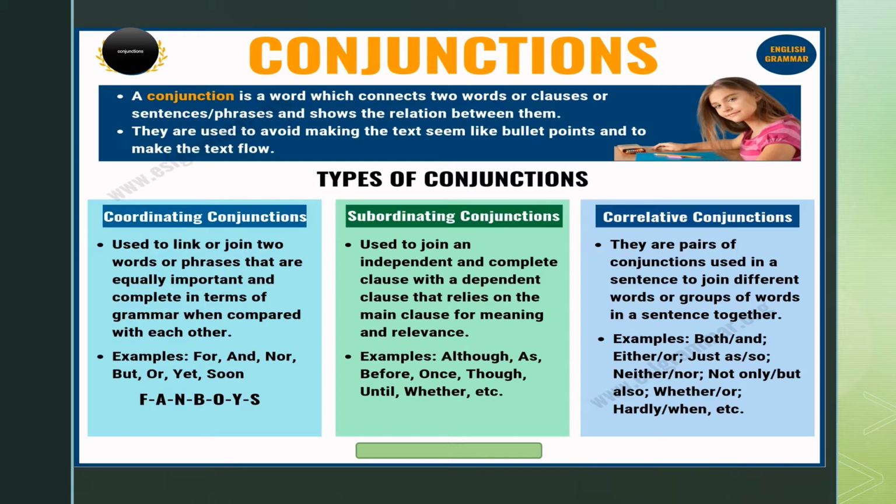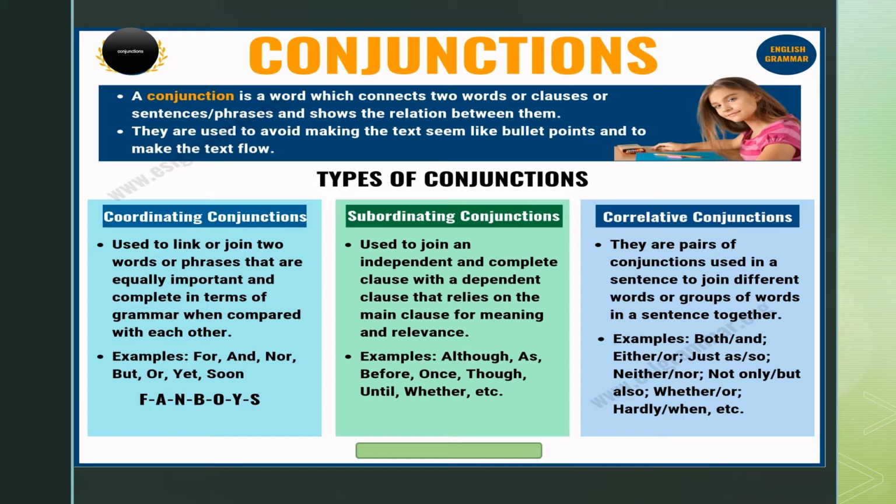Examples of coordinating conjunctions: for, and, nor, but, or, yet, so. So basically, when coordinating conjunctions join two words or phrases, they are actually of equal importance. When we come to subordinating conjunctions, it is used to join an independent and complete clause with a dependent clause that relies on the main clause for meaning and relevance.